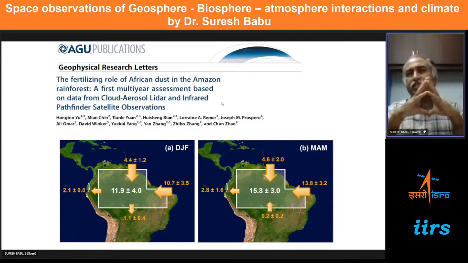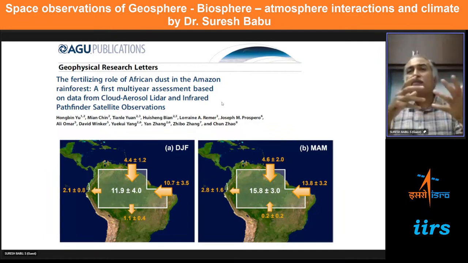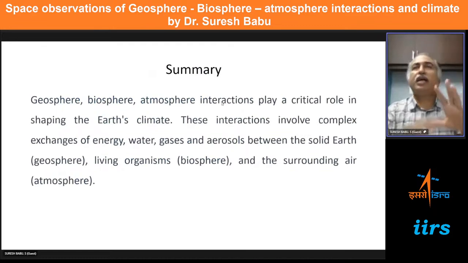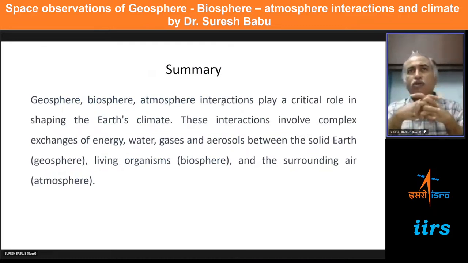This shows that the geosphere, biosphere, and atmospheric interaction is a coupled system which acts together, which is very important for the climate system, and which can be addressed only with the help of a combination of ground-based and space-based observations. So, in summary, geosphere, biosphere, atmospheric interactions play a critical role in shaping the Earth's climate.